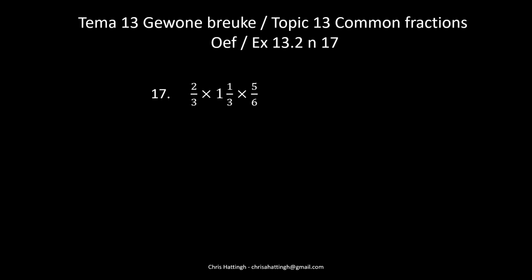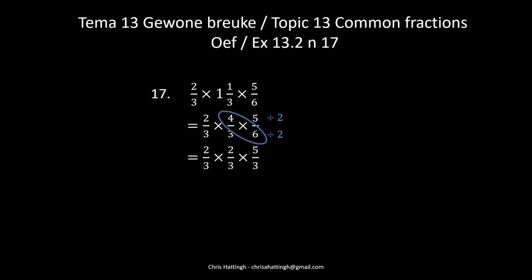Number 17. Let's convert it to improper fractions. So then you'll find it is 2 over 3 times 4 over 3 times 5 over 6. If you look at the 4 and the 6, we can simplify it by dividing by 2. 4 divided by 2 gives you 2, and 6 divided by 2 gives you 3.